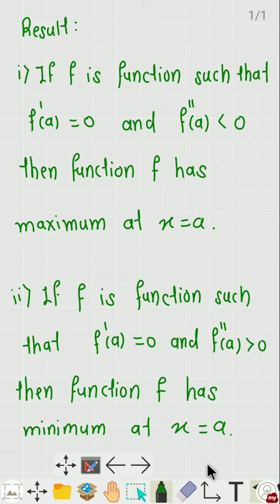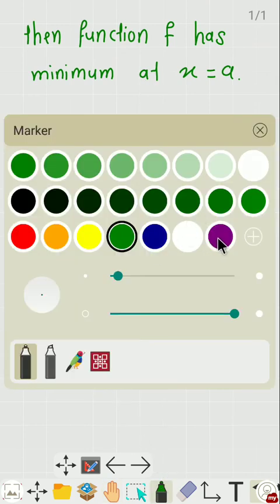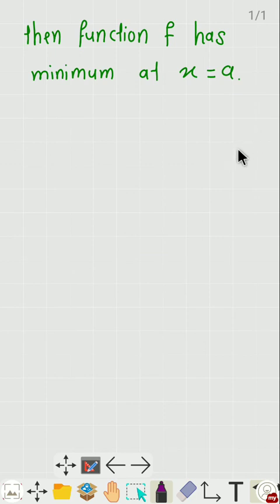Before solving the examples, let us state the procedure to find the extreme values, that is, how to find the extremum and the maximum or minimum values and points. In step 1, we find f dash of x.